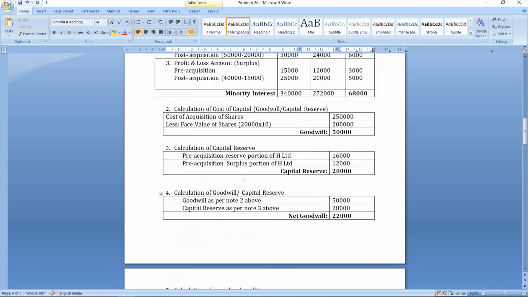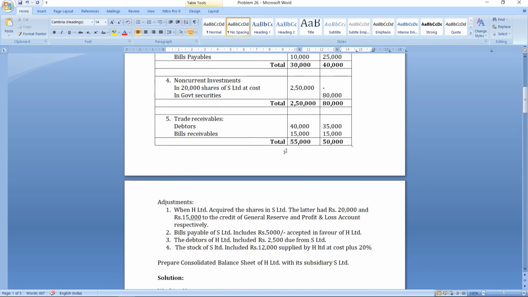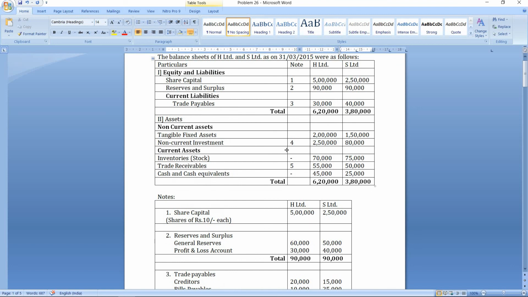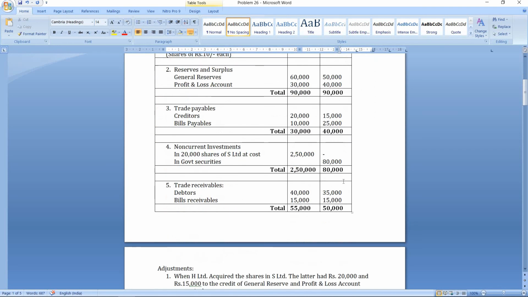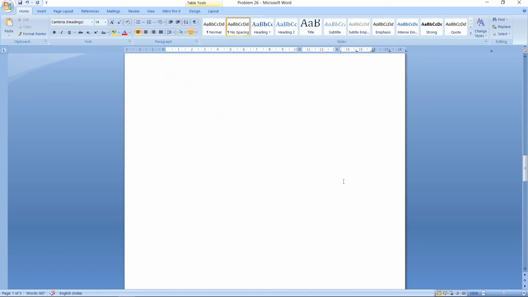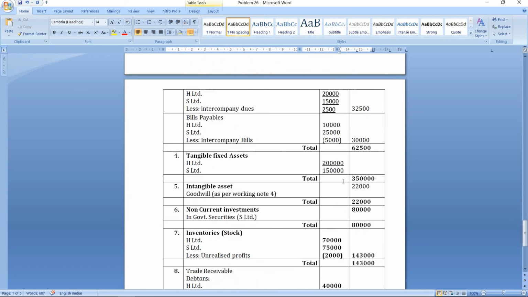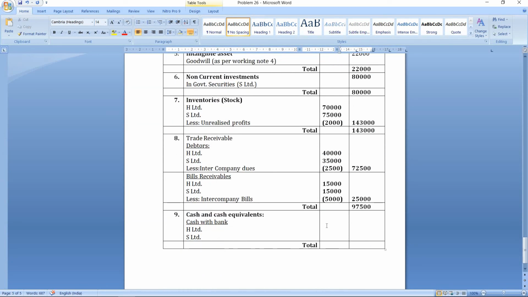So the last item in the balance sheet is cash and cash equivalents. Let us look at the cash that is given in the problem. Cash for H Limited is 45,000 and for S Limited it is 25,000. So this will be shown as it is. So the last note to our balance sheet, note number 9.